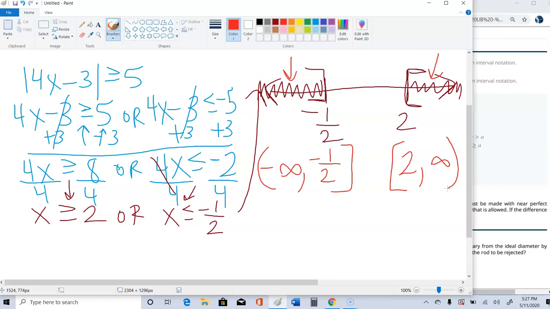One note about infinity and negative infinity: you always use parentheses, never brackets, because infinity and negative infinity don't have any stopping points. They keep going. Now, to include both intervals in our answer, you must put a U in the middle. U means union, and union means everything.